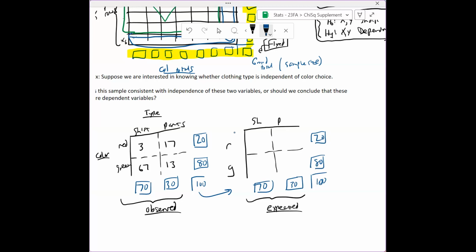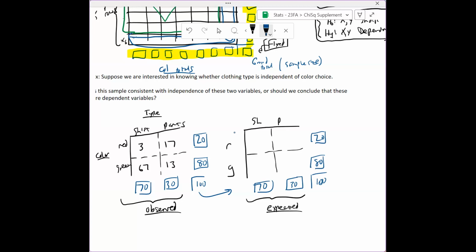And now I'm saying, okay, for a sample of size 100, where there were 20 folks with red clothes and 80 folks with green clothes, or 70 with festive shirts and 30 with festive pants, what would I expect each of these 4 boxes to be, right? Really, all that we're doing is what we previously did in 1 dimension, with just 1 variable, and we're just doing it for 2 dimensions and 2 variables.